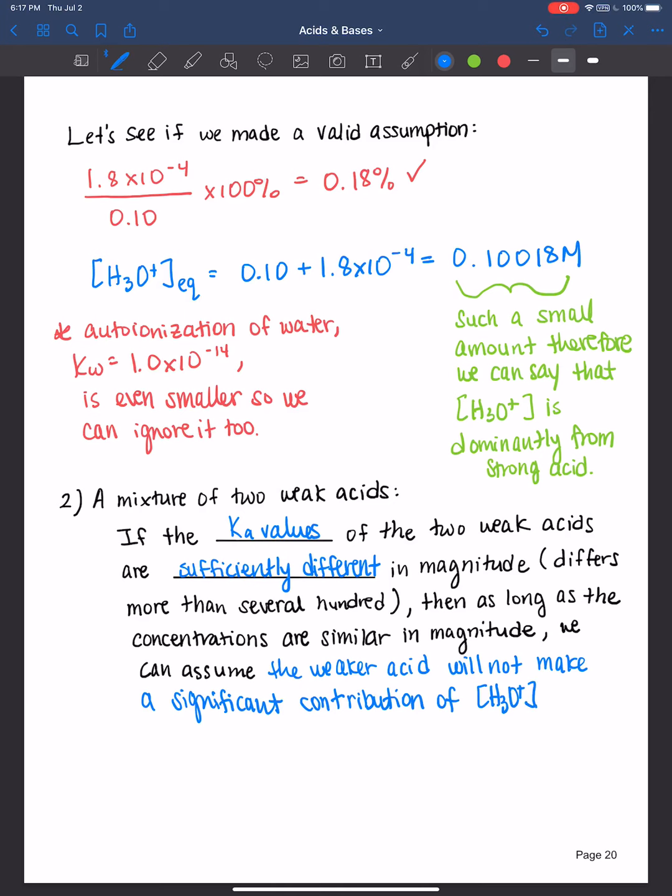So basically what we're saying is that even if there's two weak acids, if one of the acids is stronger than the other relatively, then we can just calculate the pH based on the stronger of the two acids.